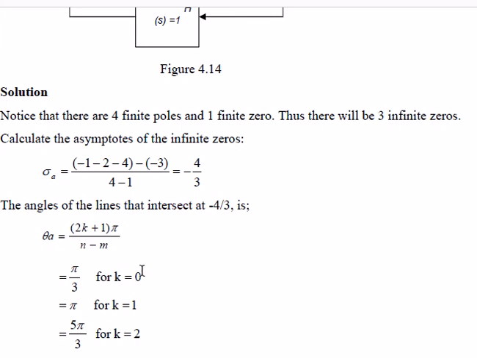For first, we use k equal to 0 and we get pi/3, and then we change k equal to 1 and we get pi, and then we change to k equal to 2, so we get 5 pi/3. So this is the step how we are going to calculate our asymptote value. Okay, we can continue for the next part.